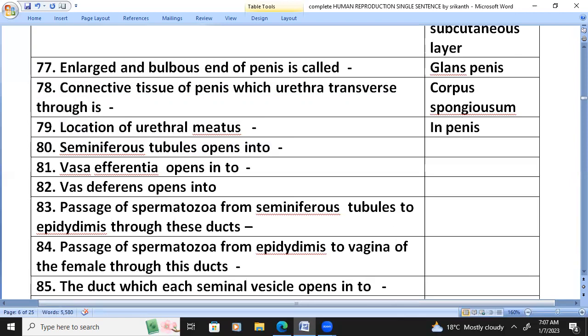Seminiferous tubules open into rete testis. Vasa efferentia opens into epididymis.